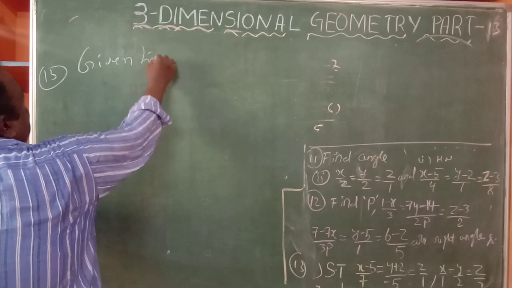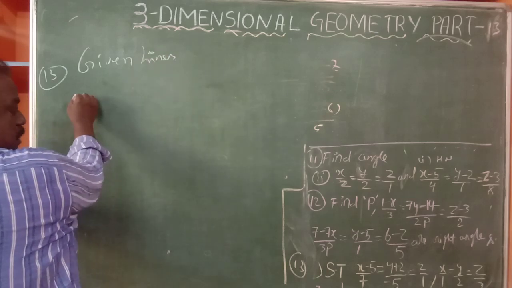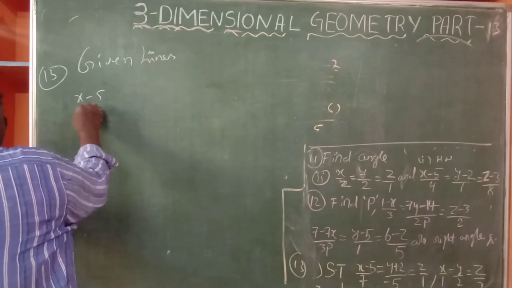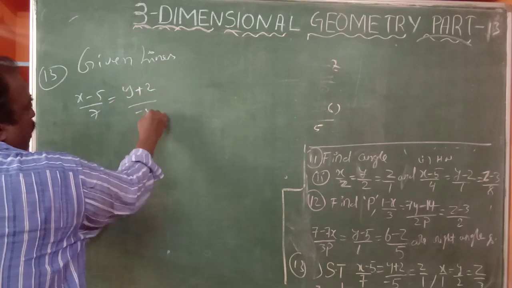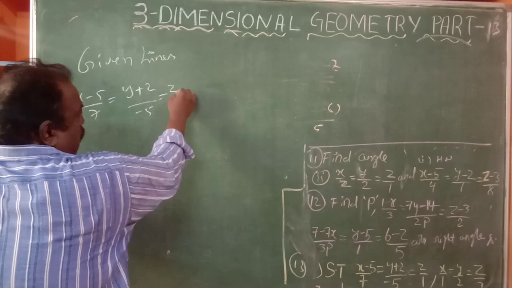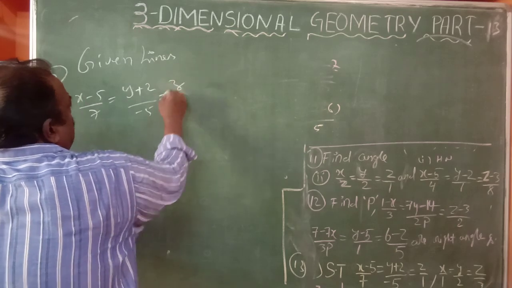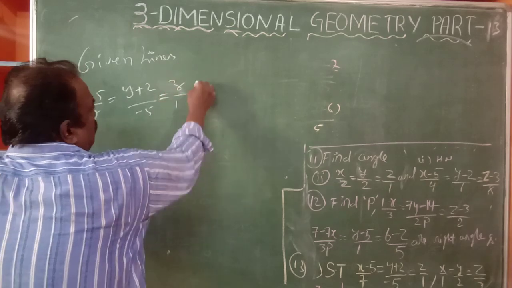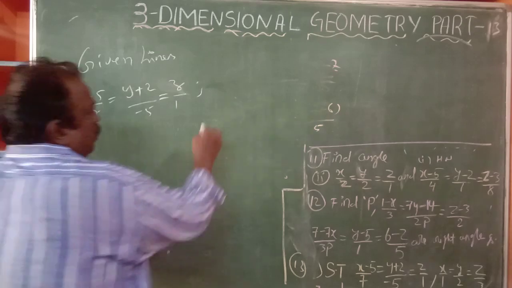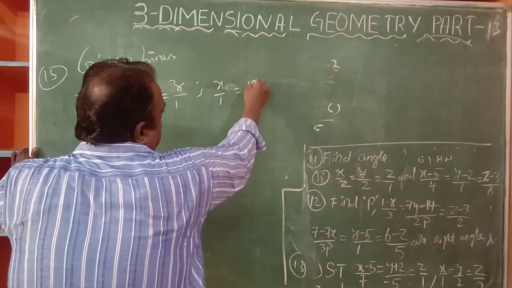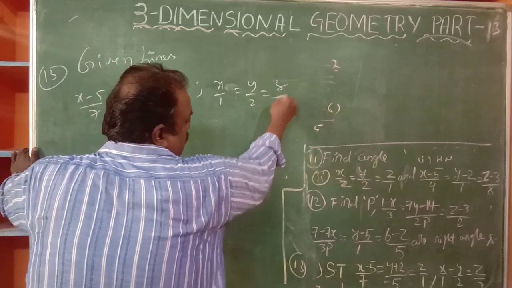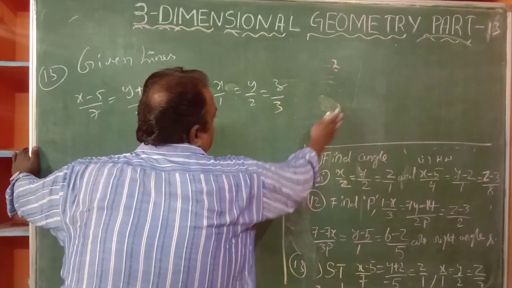Given lines. What are the given lines? X minus 5 by 7, y plus 2 by minus 5, z by 1, and x by 1, y by 2, z by 3.